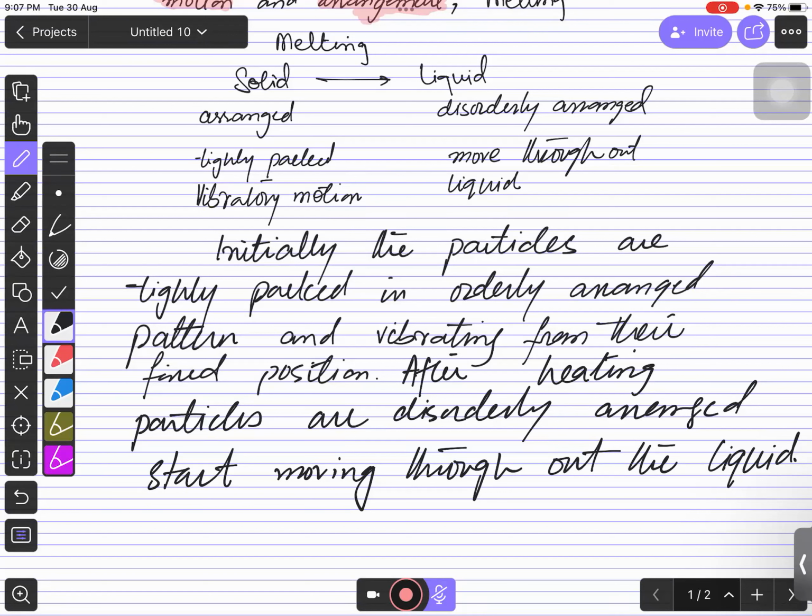For example, if we are not even showing the vibratory motion here, and if you're not talking about the movement throughout the liquid, they are not going to give us 2 marks for this answer. They will give us only 1 mark if we just talk about orderly and disorderly arrangement. Or if you talk about the vibration and movement throughout the liquid, they will again give you 1 mark if you don't talk about the arrangement of particles in solid and liquid.